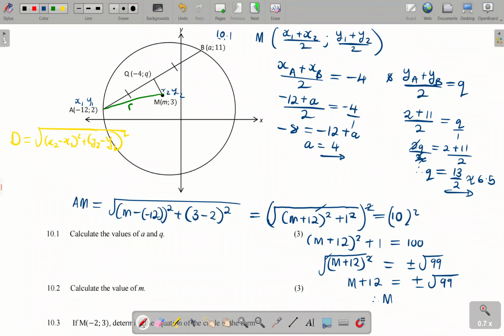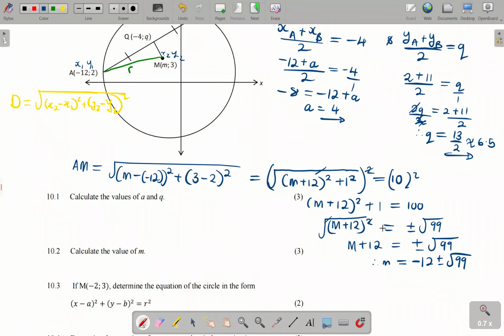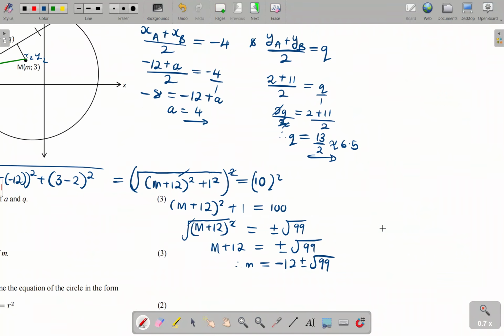So M has to be, remember this is a small m, guys. Now don't be confused that this is the Q, this is the small m there. So that's the small m. So this is equal to what? This is equal to -12 plus minus what? The square root of what? Of 99.